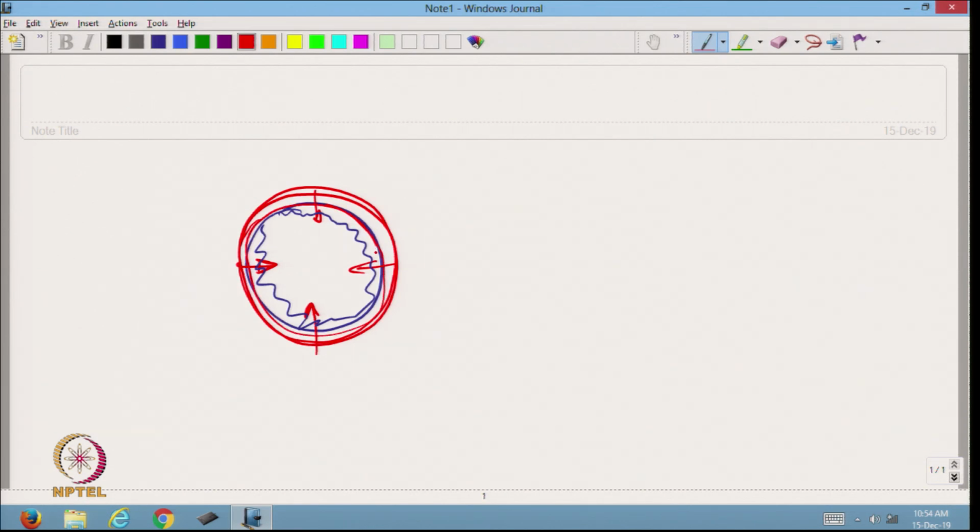This is the ideal condition, but the strain gauge principle works on the basis that there must be some hard surface here, and the strain gauge is kept on it. This is the strain gauge.